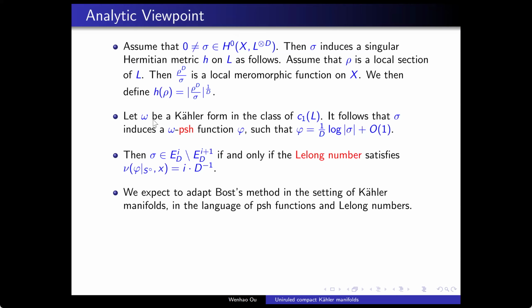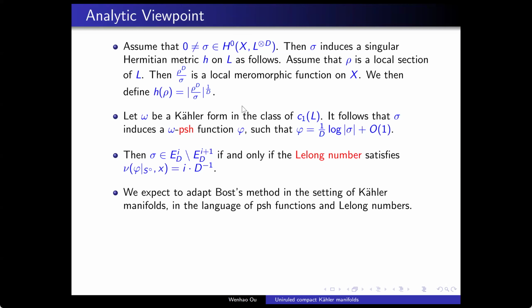Now I take some Kähler form omega in the class of c_1(L). Because L is ample, that's just equivalent to saying that its cohomology class, the first Chern class, contains some Kähler form. Then in the language of complex analytic geometry, this singular Hermitian metric H will give an omega-PSH function phi. I will define this omega-PSH a little bit later.